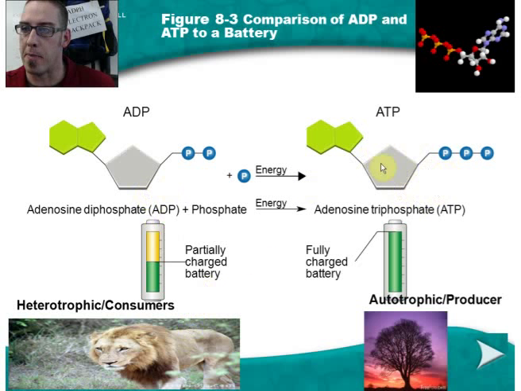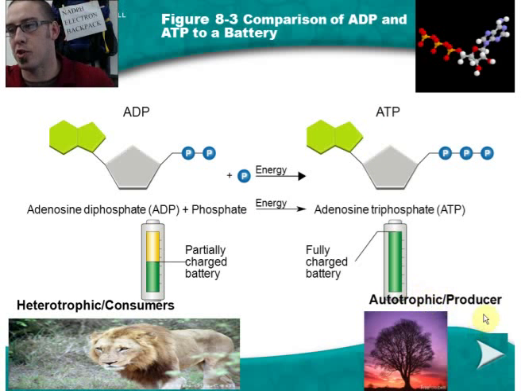Remember, ATP represents, and this is what the molecule actually looks like, adenosine triphosphate, which is a fully charged battery because we got all 3 phosphates there. And then adenosine diphosphate, we have 2 phosphates, which means we are partially charged. So again, we are heterotrophic. We have to ingest foods and other things to make ATP out of that food.